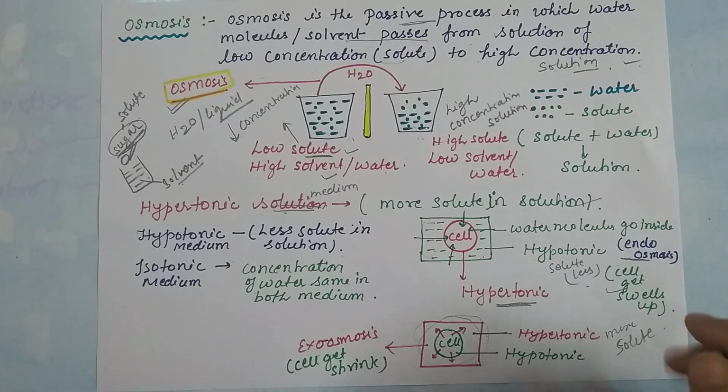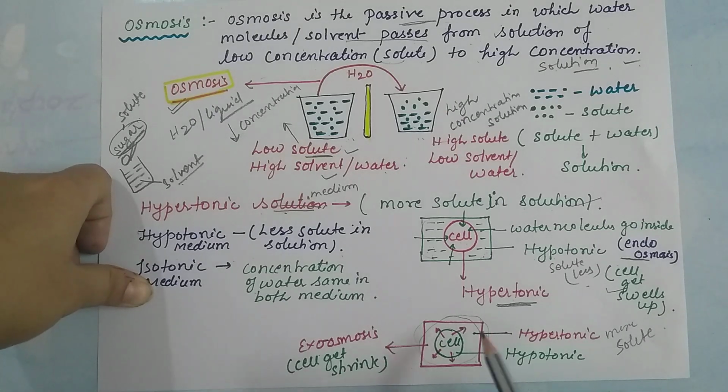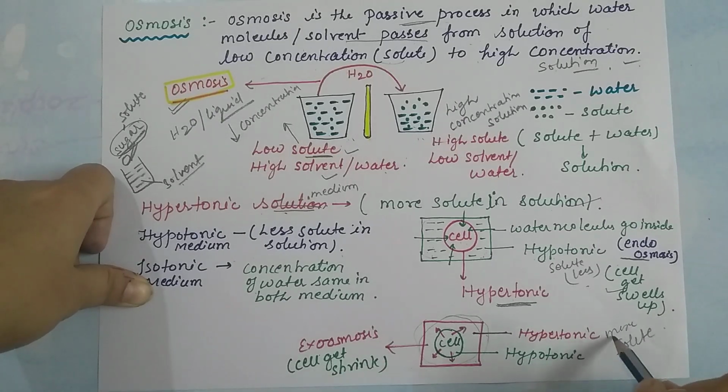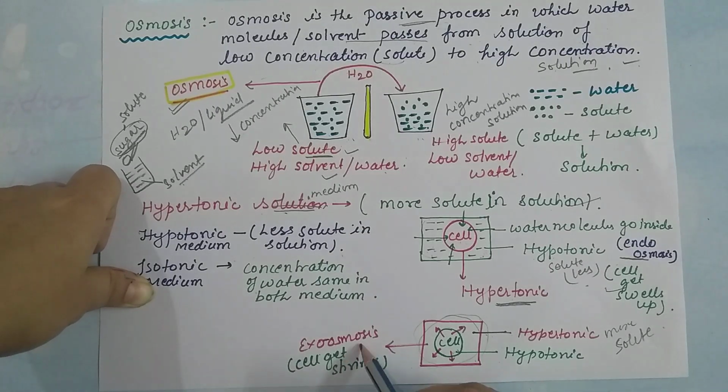We know that osmosis is the process in which the solvent always moves from lower concentration to higher concentration. So the solvent moves from the cell to the hypertonic solution, and that is called exosmosis, and the cell shrinks.